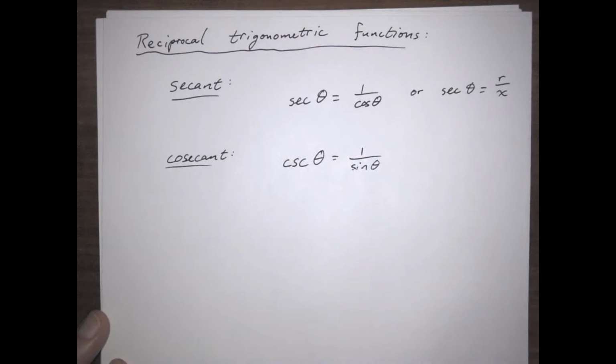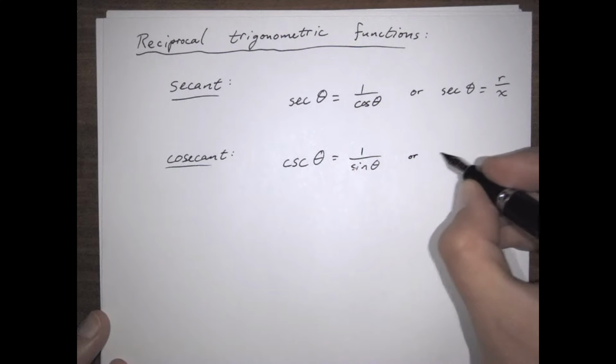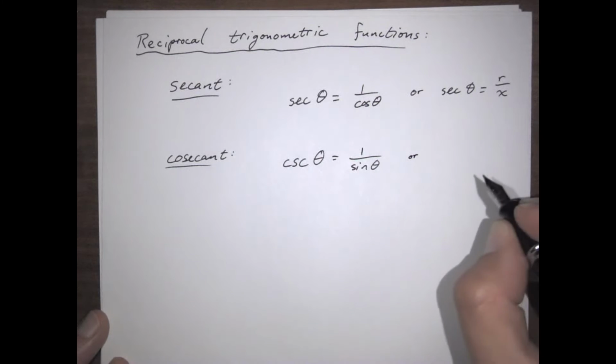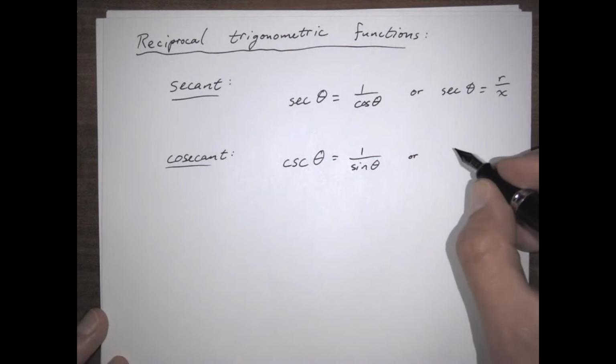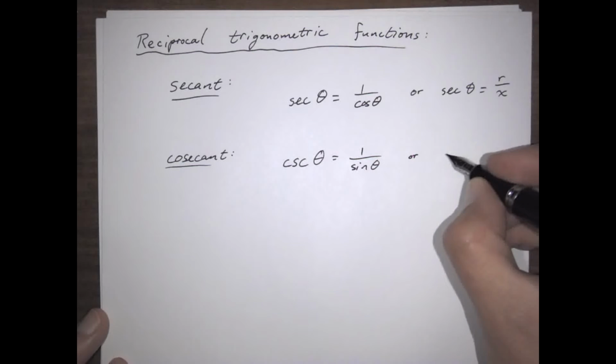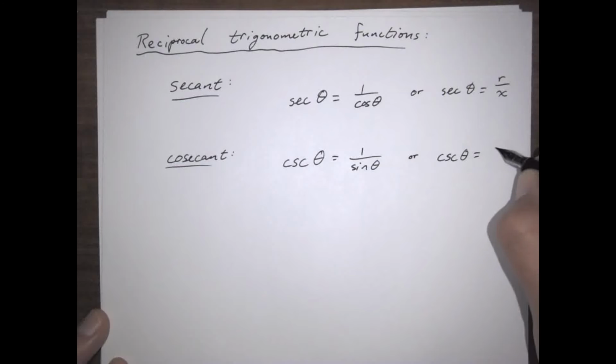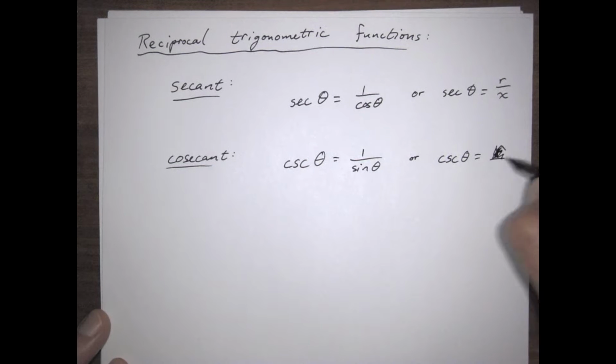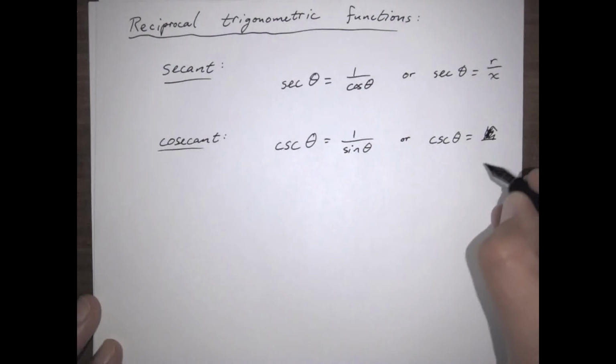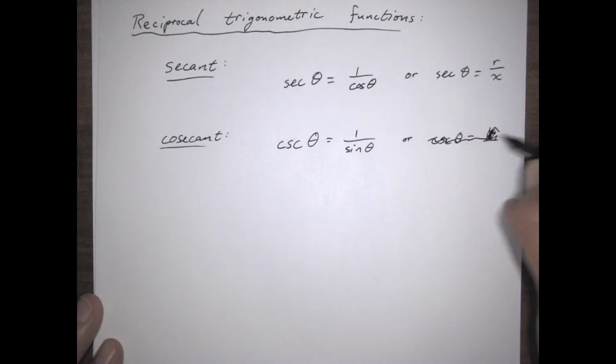Or if we want to put that in terms of r and x or y, cosecant theta is y over r. Sorry, r over y. Wouldn't be much of a reciprocal if it didn't actually flip it.